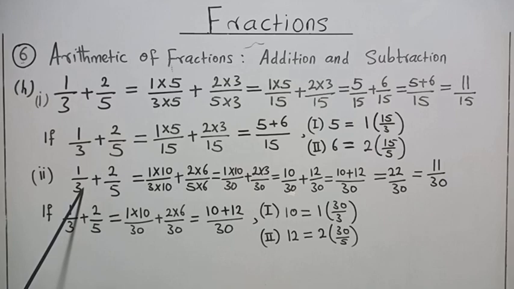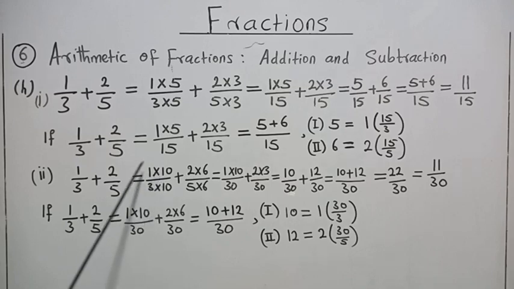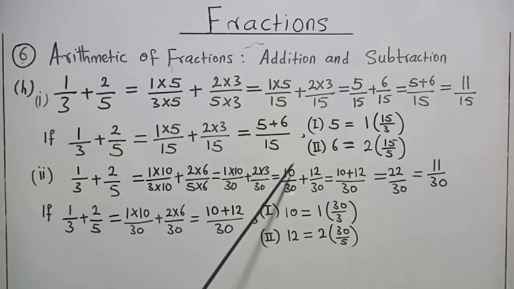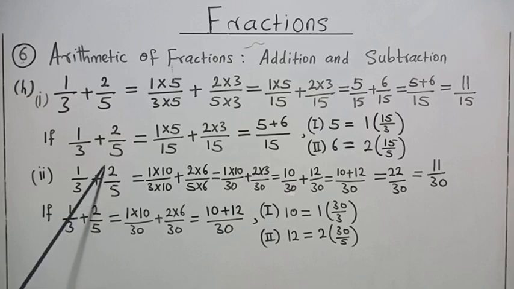It is by multiplying it by 10, which means I multiply up and down by 10. See it happening here. Therefore, this 1 over 3 is being upgraded to become 1 times 10 over 3 times 10. That will give us 10 over 30. Likewise, this 2 over 5 is being upgraded to something over 30.